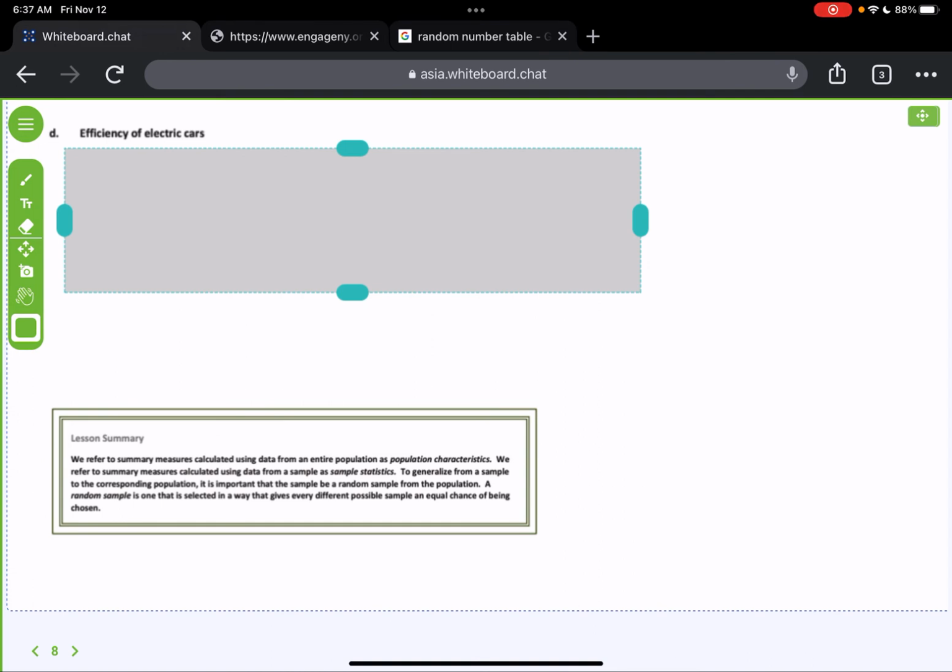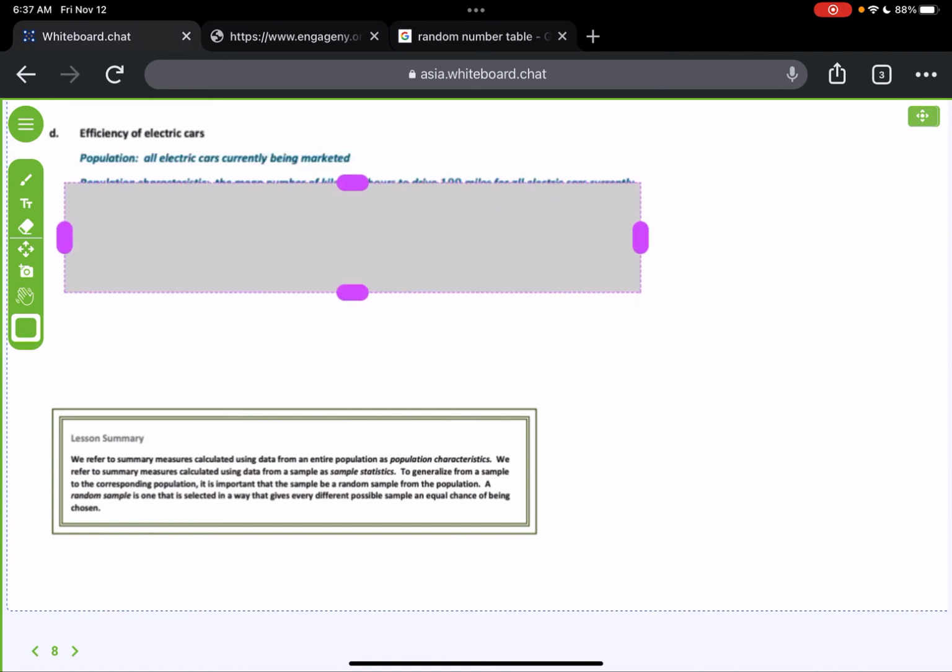Page 8 says, what about the efficiency of electric cars? Well, you're going to have to pull all electric cars currently being marketed right now, on the market right now. And you would take the mean number of kilowatt hours to drive 100 miles for all electric cars currently being marketed.